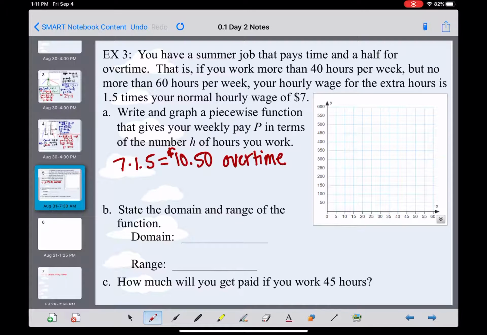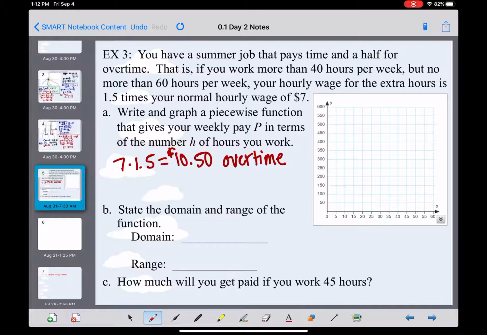Okay, so for this piecewise function, one of the things that helps when you have a word problem and you're trying to write a function based off of it is to make a table. Try to get somewhere by looking at the table and seeing what things change and what things remain the same.